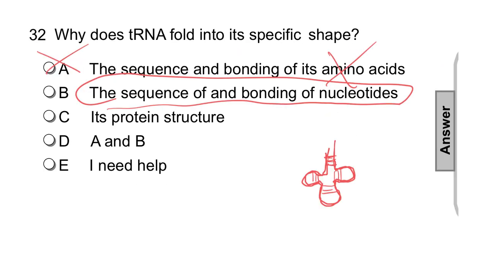Shoot, I forgot to push the record button, so let me just talk through this. tRNA has this clover leaf shape. Some call it a T shape. What's causing that shape? Well, it's hydrogen bonding between these parts, between the nitrogen bases in the nucleotides specifically, that causes it to pinch together at these places and then be loose at these places.